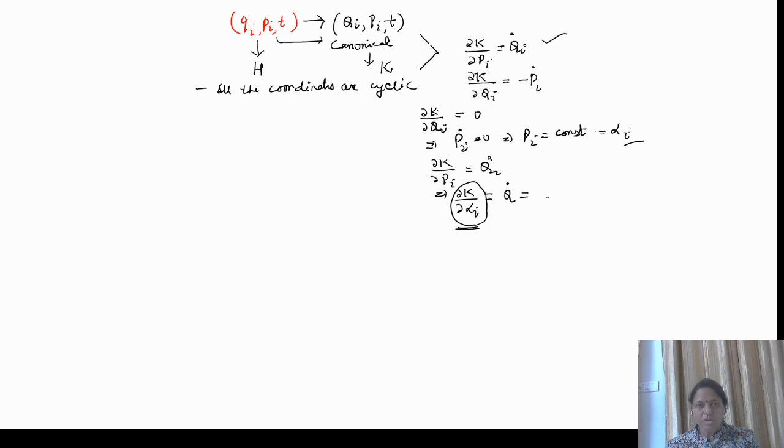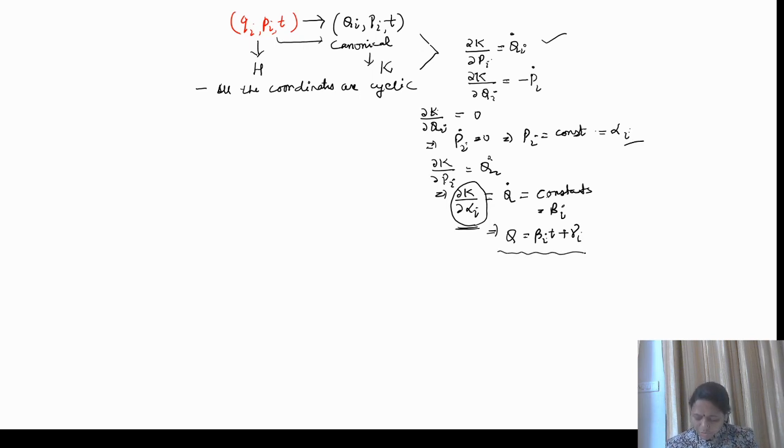So whatever Qi dot is, it will be constant. You may denote these by beta i. So this implies Qi is equal to beta i t plus another constant of integration.